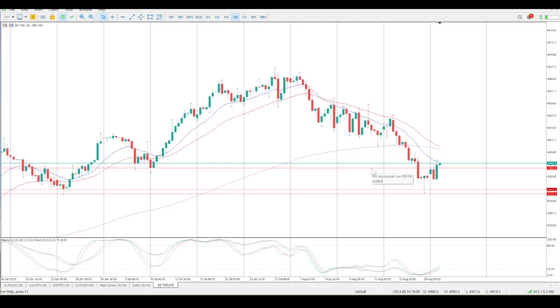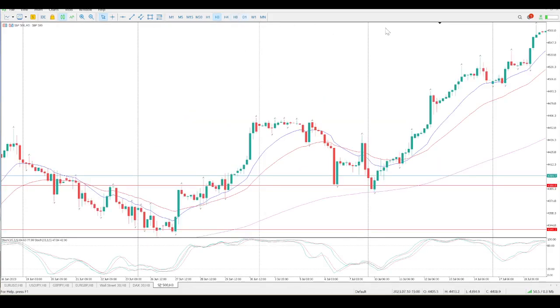So that's the structure there, and then the structure to the downside, which never really got tested yesterday, was 4340, which is a huge weekly level that we had. Remember, we said we'd come back to close the gap and see what happens from there, and that's pretty much what happened.